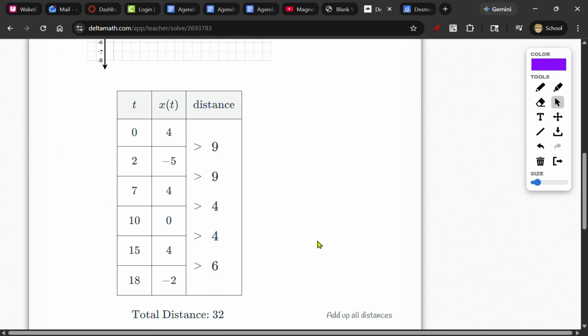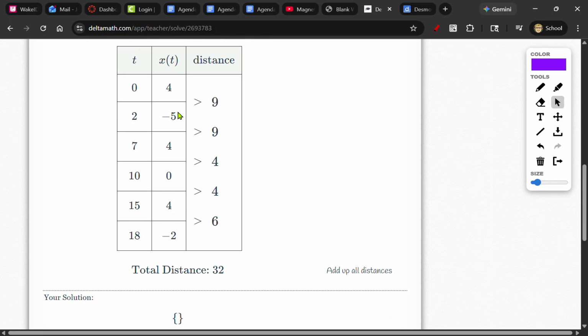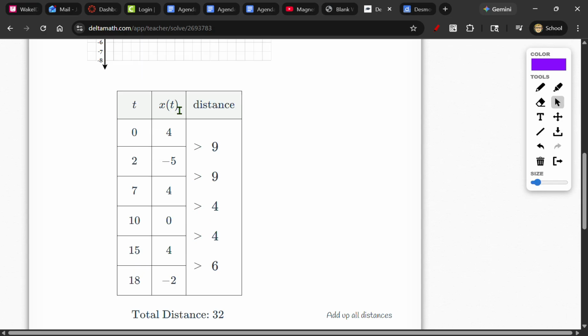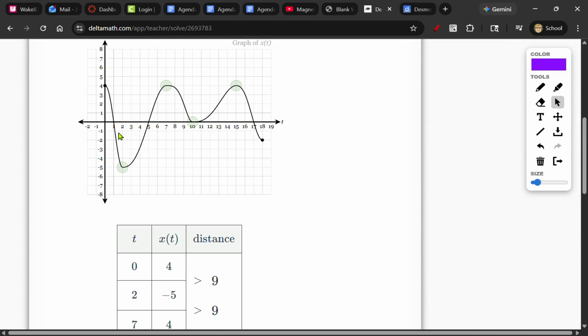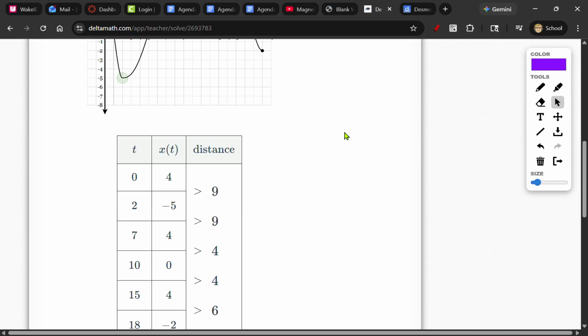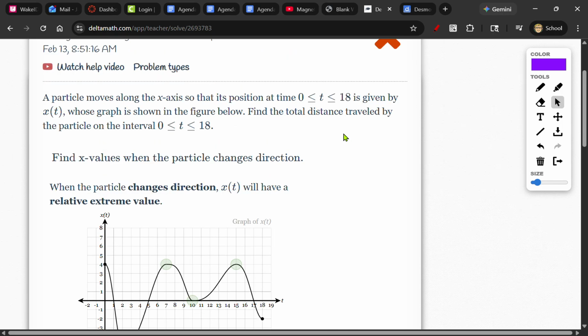And then there's a 0 down here, right? So the x of t graph is telling us there's a change of 9 units along that 2-second interval, right? It went 9 units one direction, and then it went from there to there. It went 9 units in another direction, and it went from here to here, and so that's the total distance traveled, right?